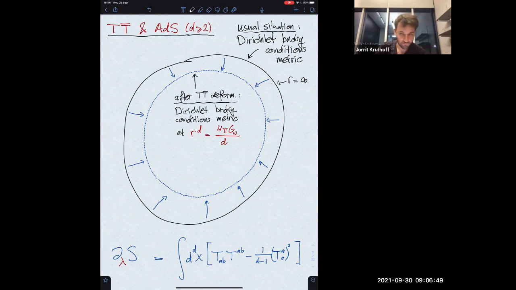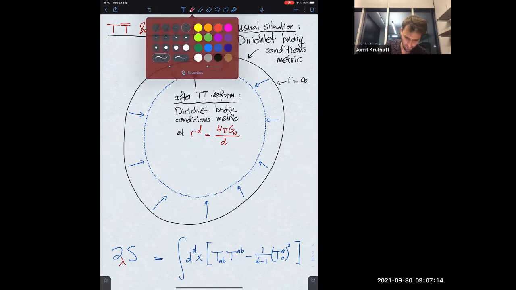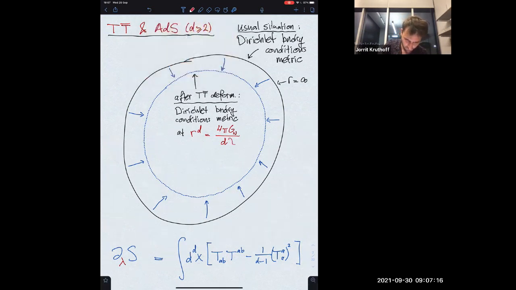Now the idea of TTbar is to slightly change that dictionary between the bulk and the boundary by, instead of putting the Dirichlet boundary conditions all the way at infinity, putting them at some finite radius. So at a radius related to some deformation parameter that I've got to write here.